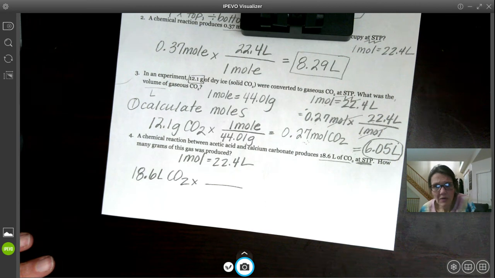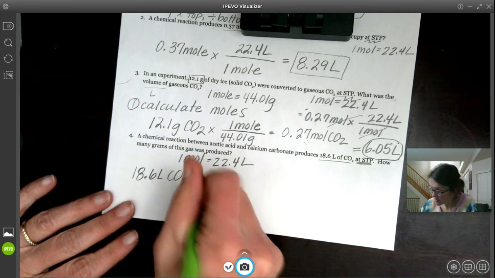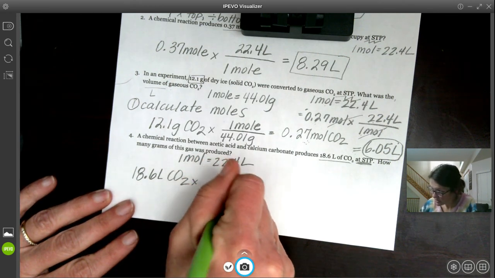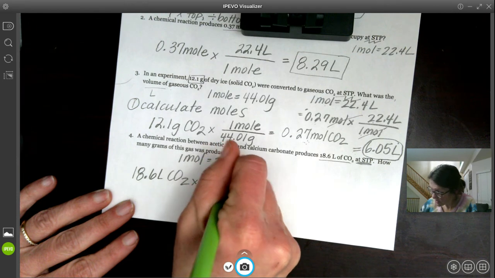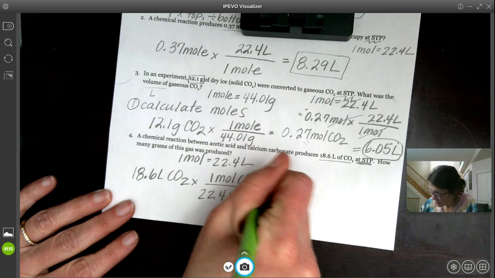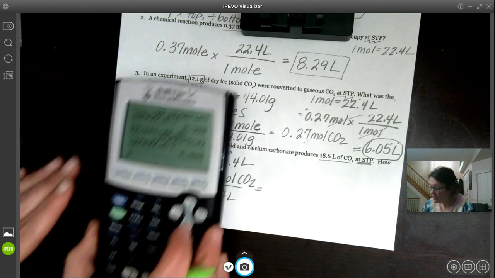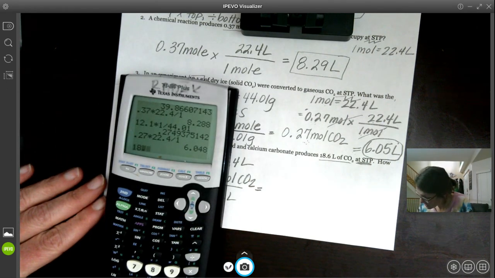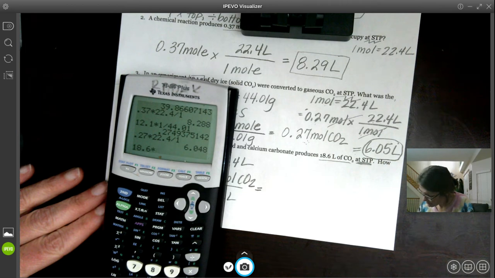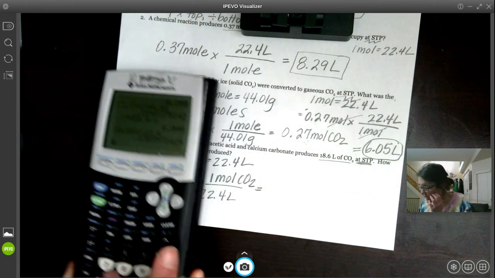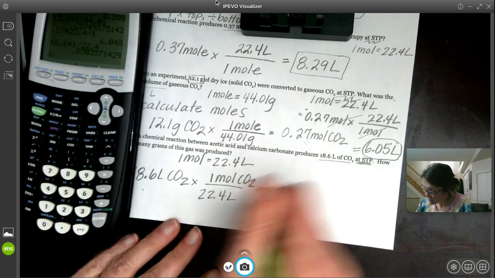And so I have to pick what needs to go on which part of the fraction. So I'm going to put the 22.4 liters on the bottom and the 1 mole on the top. So I'll do 18.6 times 1 divided by 22.4, and I get 0.83. We're just going to round to 2 decimals.